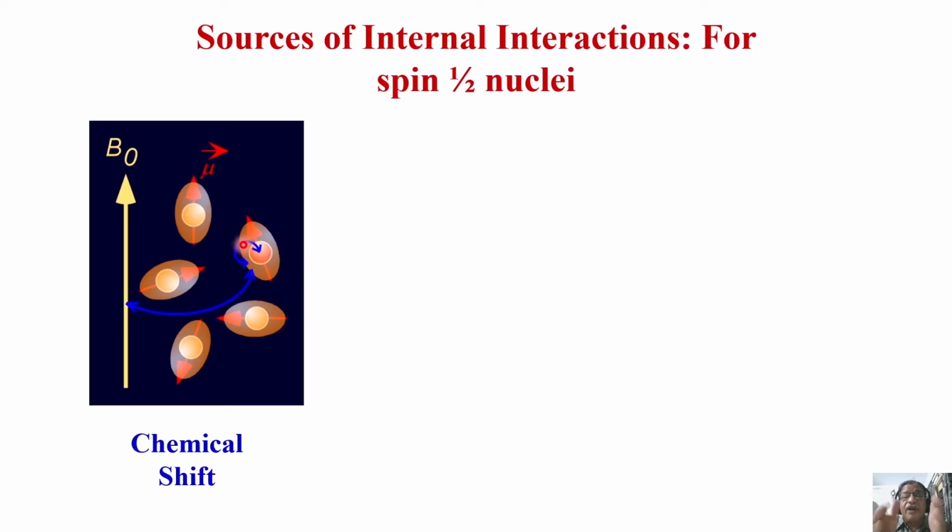The electron, I told you, has a spin, and you can treat it like a tiny magnet. Again, there is an interaction going on. As a consequence of the charge distribution at the site of the nucleus, there is some effect on the NMR spectrum. That is what we are going to understand today. It is called chemical shift.